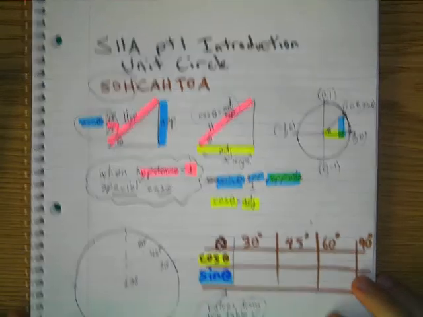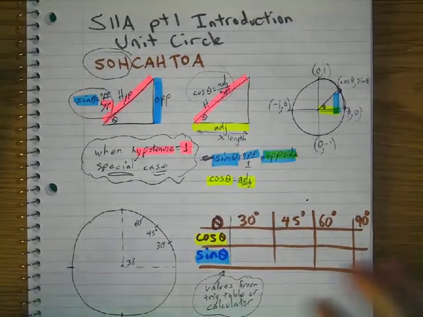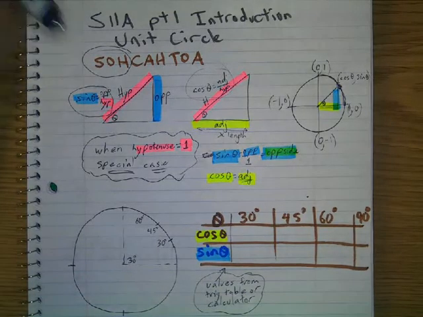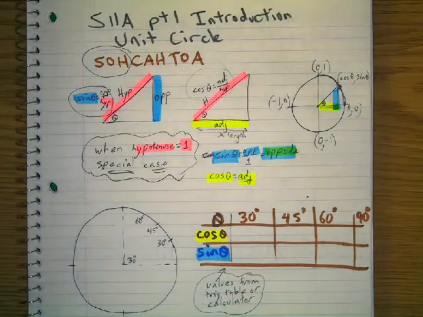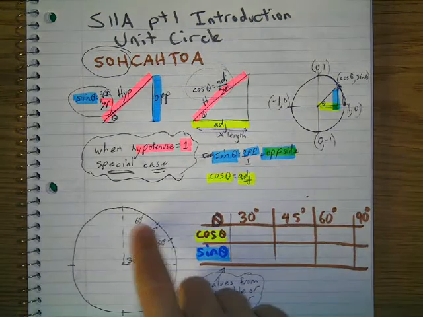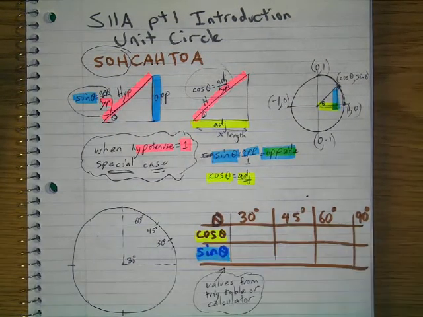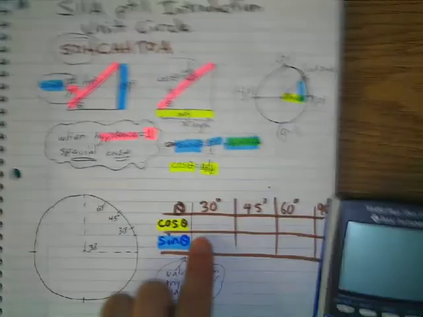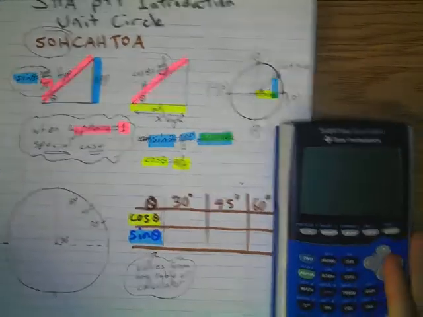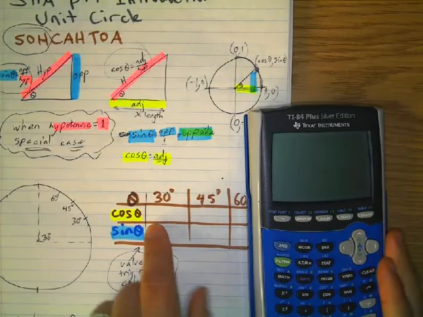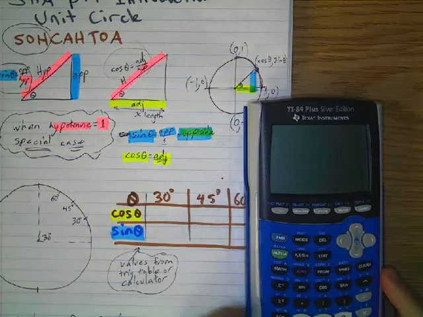Okay, so let's think about the unit circle. There are 3 important points that are normally talked about in pre-calculus: 30 degrees, 45 degrees, and 60 degrees. We can use a calculator to get these, and later we'll use more exact answers. So what is cosine of 30 degrees?